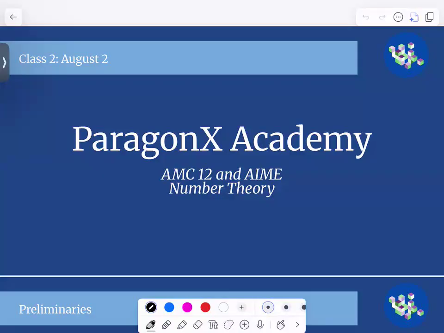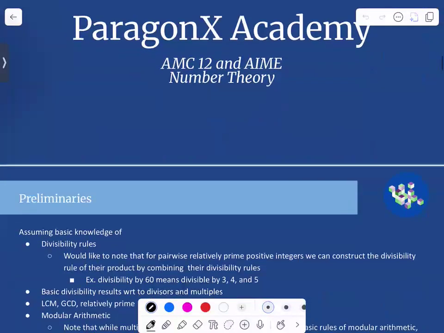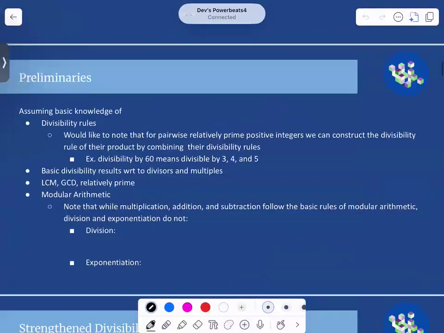Okay, so we're going to be doing number 3 today. First, there are some preliminaries that ideally you know. These things you might know, but I don't expect you to. If you don't know any of this stuff, just let me know in the chat.